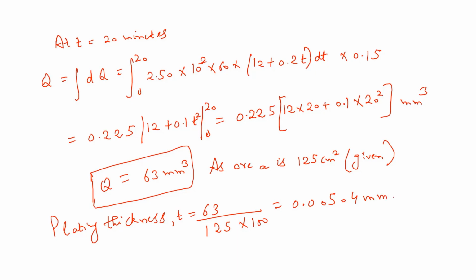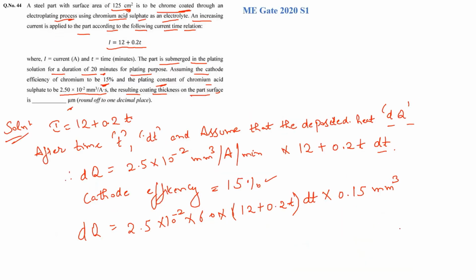But in the question, the examiner has asked us to give the answer in micrometers. So if you convert this to micrometers, it would become 5.04 micrometers. So this would be the thickness which would be coming over to the steel part after 20 minutes.